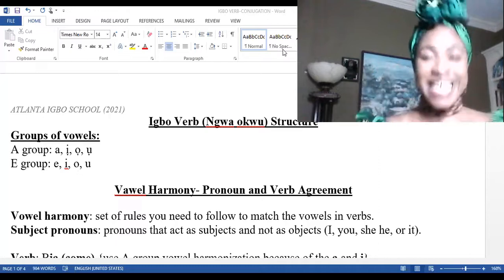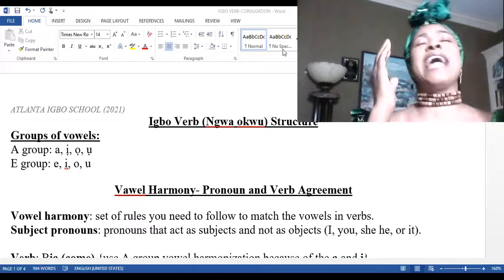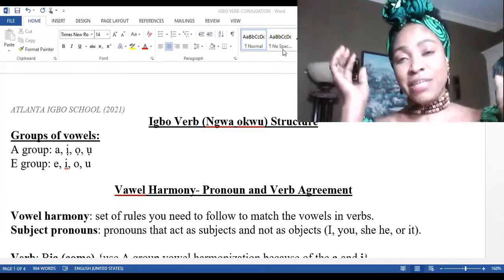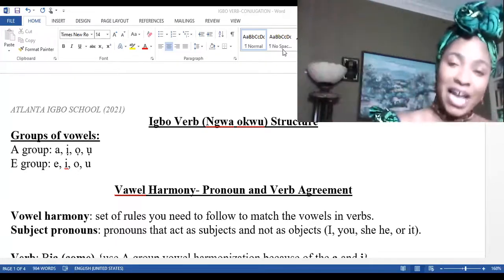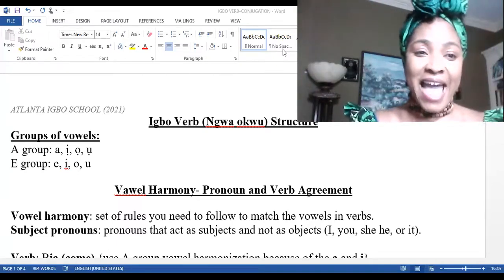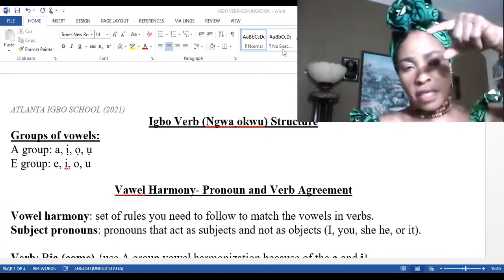Then when you come to the E group, we have the A with just a dot on top. You don't have to put it underneath.